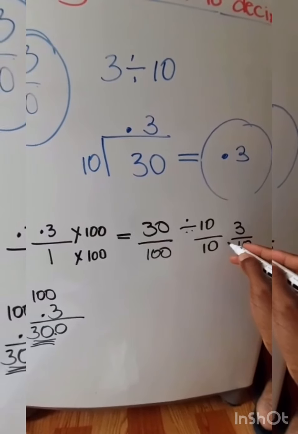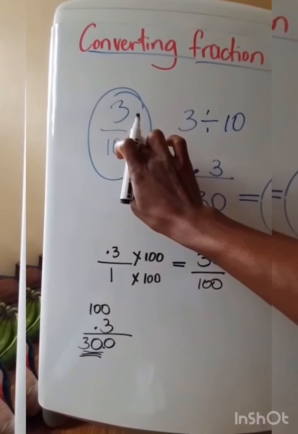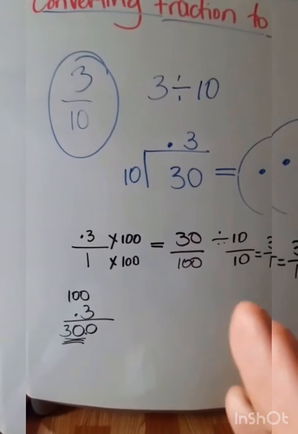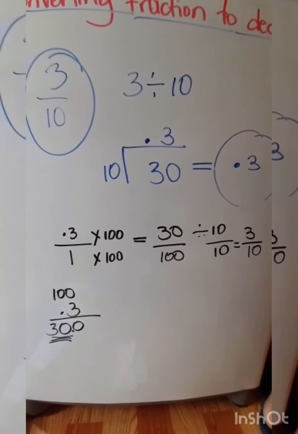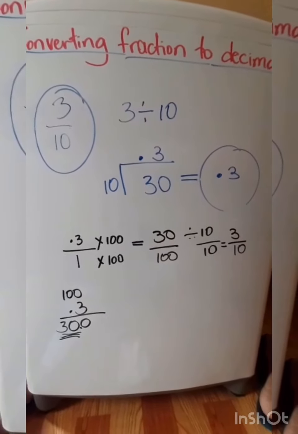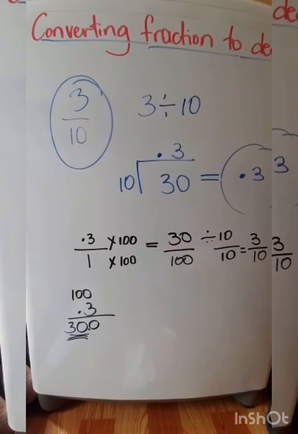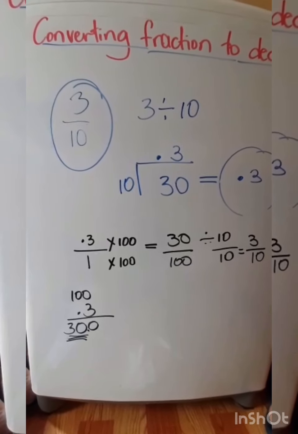So that is how we get back what we were working from. Thank you very much for looking at this example of converting fractions to decimals here on my washing machine.